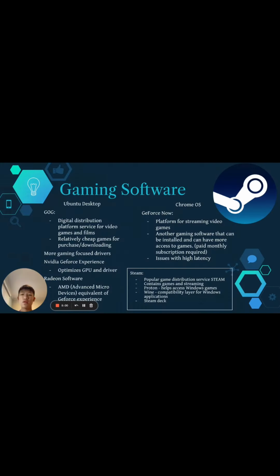Encouraged to overclock. Okay, so now we're going to talk about some advantages and disadvantages of gaming software between Ubuntu and Chrome OS. When it comes to gaming software, Ubuntu definitely has way more advantages than Chrome OS. To start, they already share a lot of similar gaming platforms, such as GeForce Now.